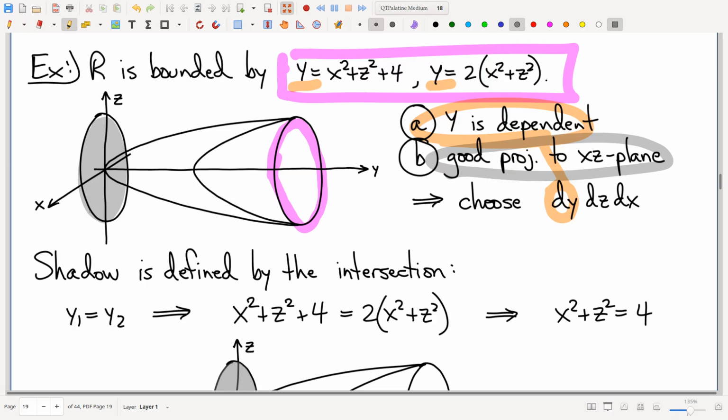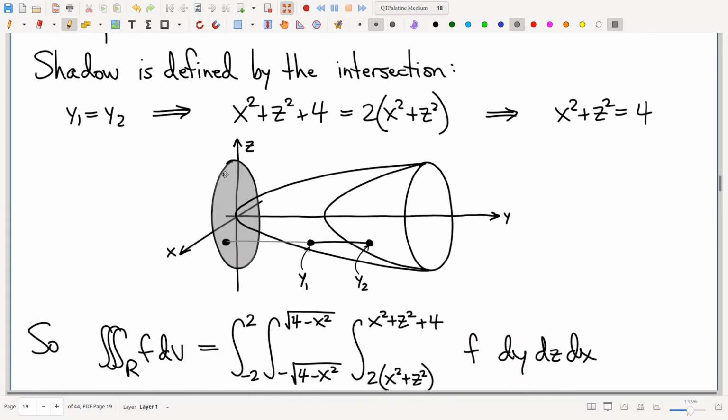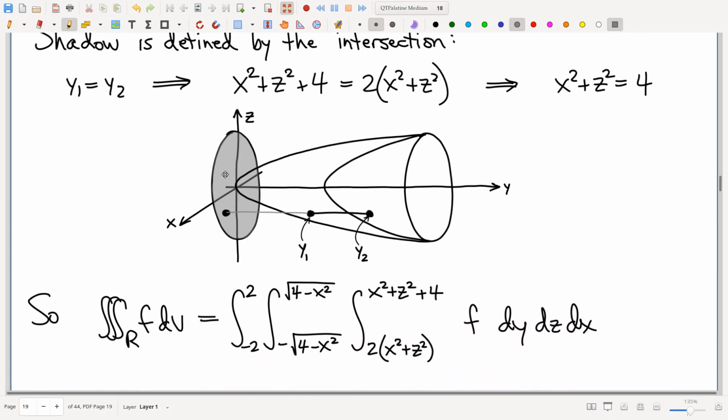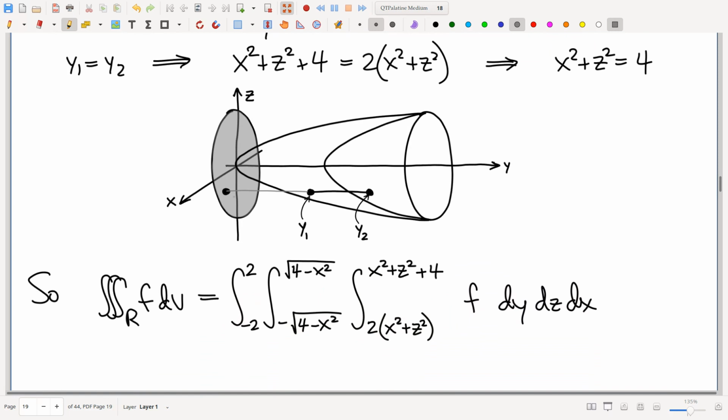The lower bound surface, for a given point in my shadow, looking at the range of values of y for the given x and the given z defined by that point in the shadow.